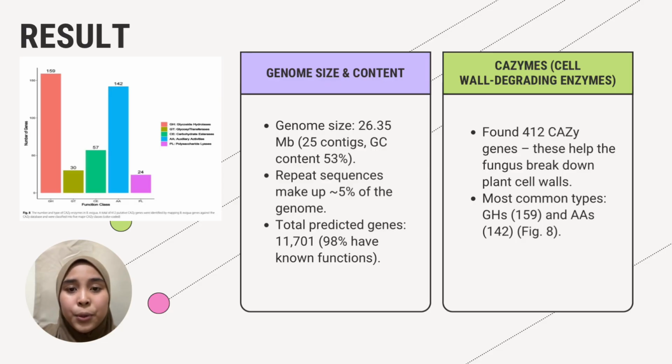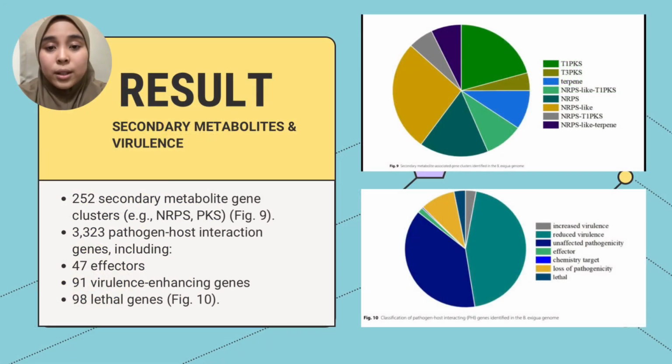Additionally, the fungus possesses 412 CAZy genes which help it break down the plant cell wall. The most common types are glycoside hydrolases, 159, and auxiliary activity enzymes, 142, as shown in figure 8. The fungus has 252 secondary metabolite gene clusters such as NRPS and PKS, shown in figure 9.